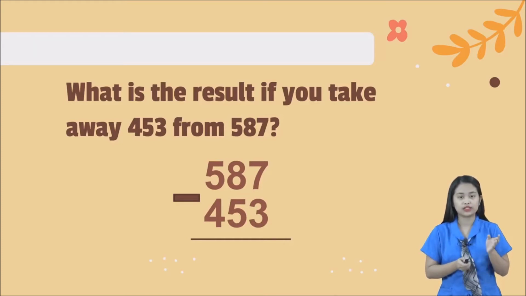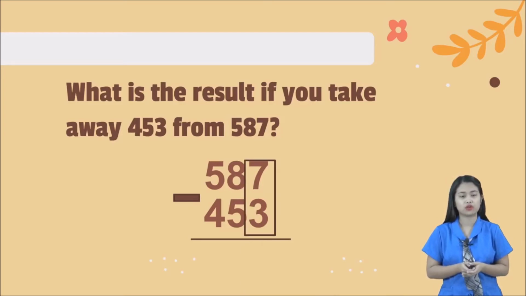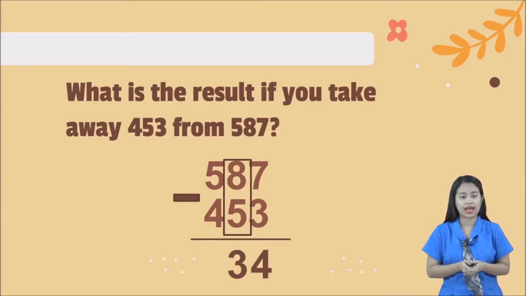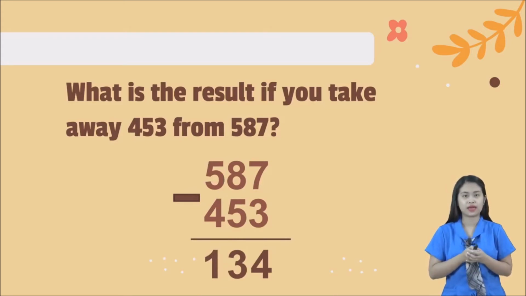Let us do first the ones. 7 minus 3, we have 4. Next, tens, we have 8 minus 5, we have 3. And then the hundreds place, we have 5 minus 4, and the answer is 1. So 587 minus 453 is equal to 134.